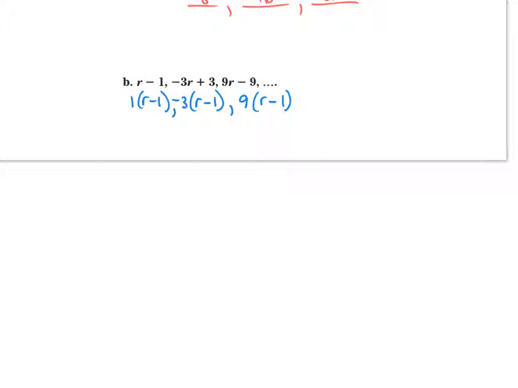So that kind of helps you to see it's 1, then it's negative 3, then it's 9. It's got that common factor of r minus 1, but that's not changing each time, right? So for B, we're really multiplying. Our common ratio is going to be negative 3, because 1 times negative 3 is negative 3, and then negative 3 times negative 3 is positive 9. So our r is going to be negative 3.